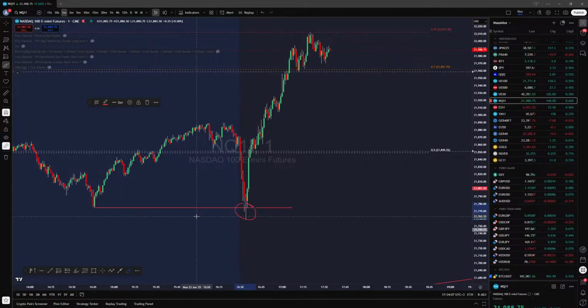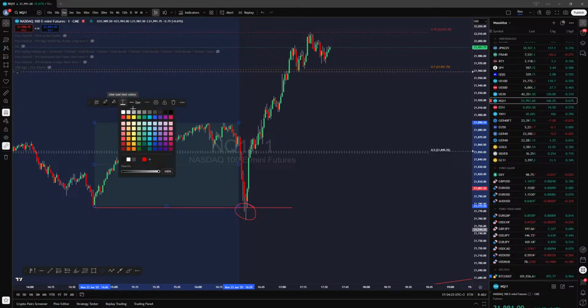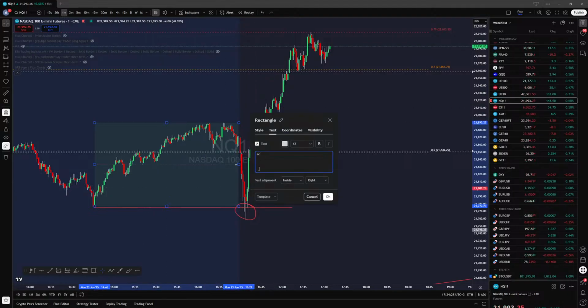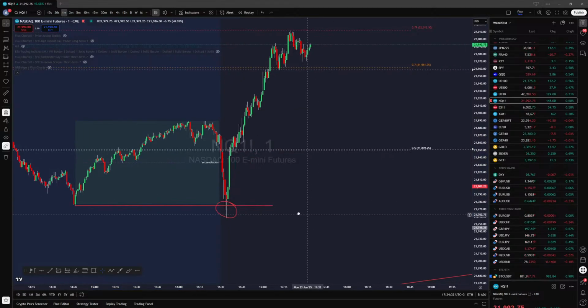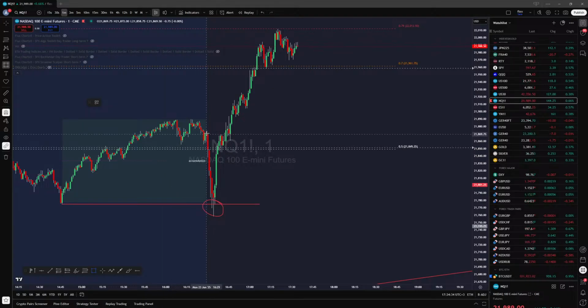And turtle soup is just a setup when we have 3 stages. Let me mark it as well. So we have some sort of accumulation, right? It's gonna be green. Then we have manipulation, these red candles that took out liquidity.